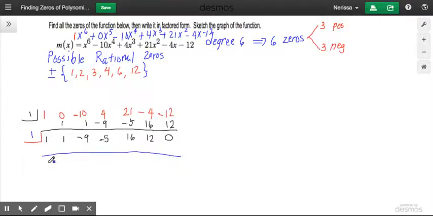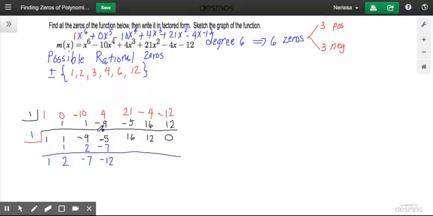So we bring down 1. 1 times 1 is 1. So this is 2. 1 plus 1 is 2. Then 2 times 1 is 2. Negative 9 plus 2 is negative 7. Negative 7 times 1 is negative 7. Negative 5 minus 7 is negative 12.